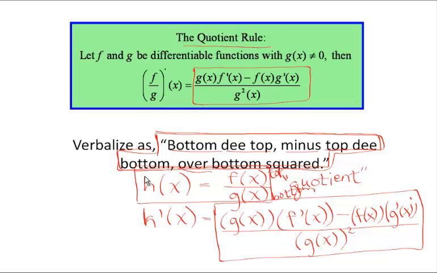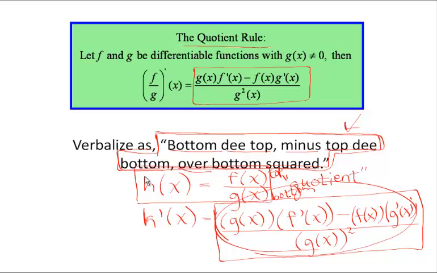If I tell you the derivative of h of x is g of x times f prime of x minus f of x times g prime of x over g of x squared, your brain doesn't really get that. Your brain is built to understand language more than symbols. So we try to turn things that are symbol intensive, and this formula is, into language because our brain can deal with that much better.